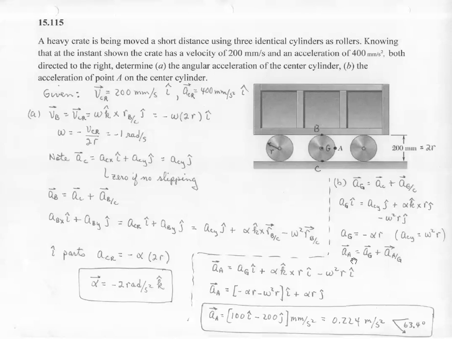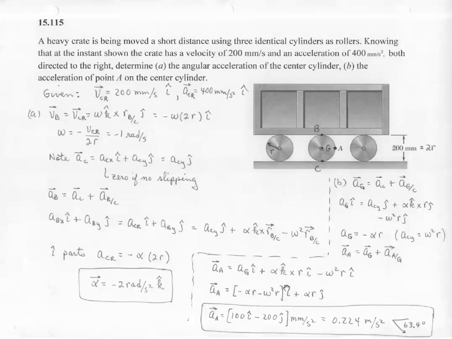Now we're going to talk about the acceleration of point A. That's the part we calculate in part B here. Acceleration A is acceleration G plus acceleration A with respect to G. So this is a sub G, and acceleration A with respect to G is the alpha crossed r plus omega crossed omega crossed r term. When you do this, alpha k crossed i is going to give you a plus j, so you're going to have an alpha r j right there.